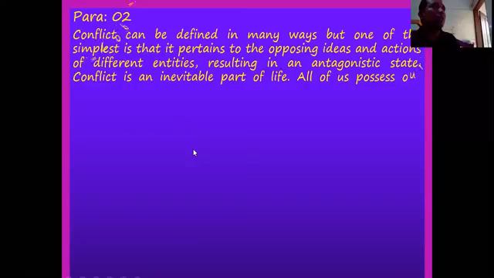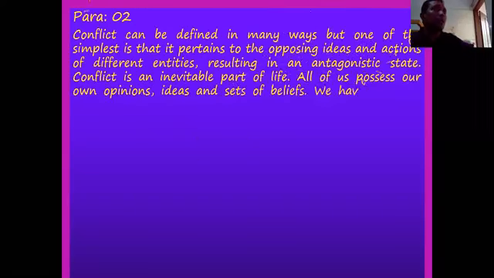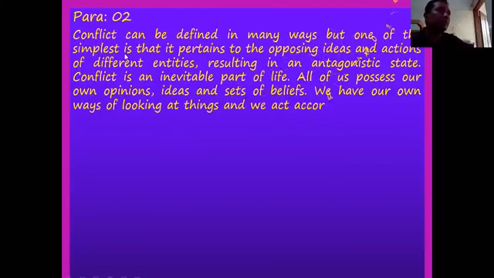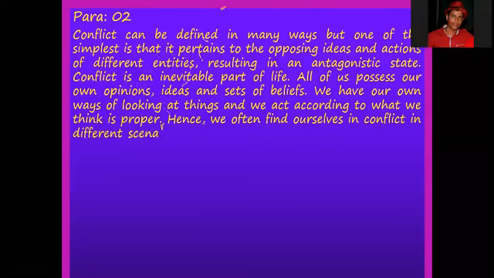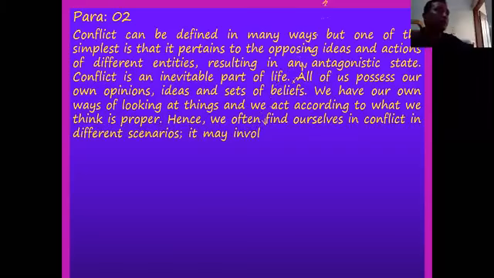Conflict is an inevitable part of life. All of us possess our own opinions, ideas, and sets of beliefs. We have our own ways of looking at things, and we act according to what we think is proper. Hence, we often find ourselves in conflict in different scenarios.